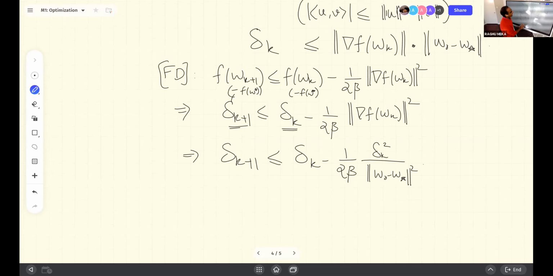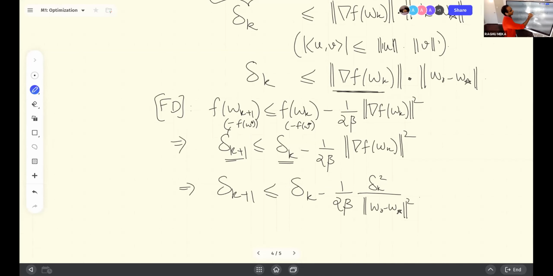And finally, we have this lower bound on the gradient. The gradient is at least how far you are, delta k, divided by the norm of w0 minus w star. So I'm substituting this equation here. Okay, does this answer the question?